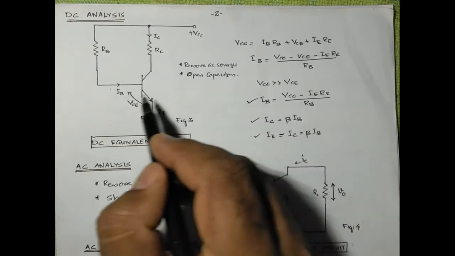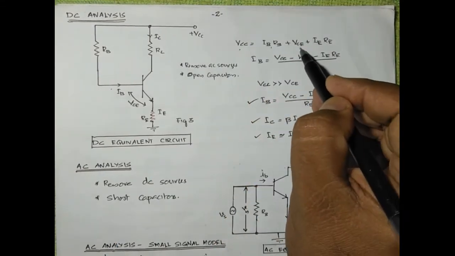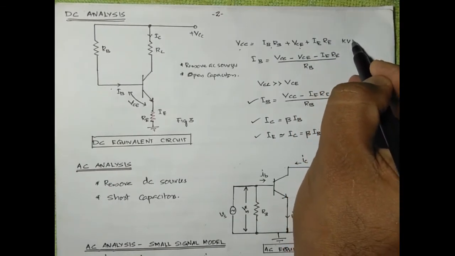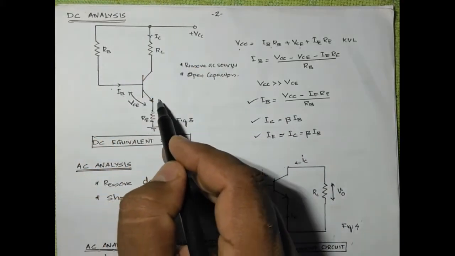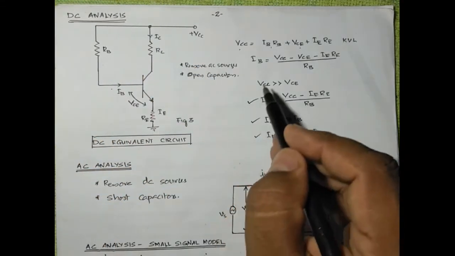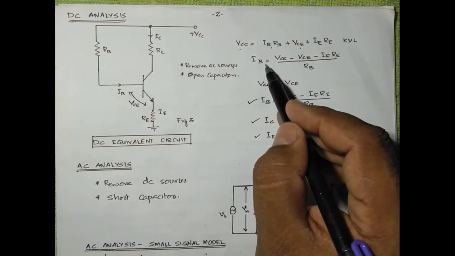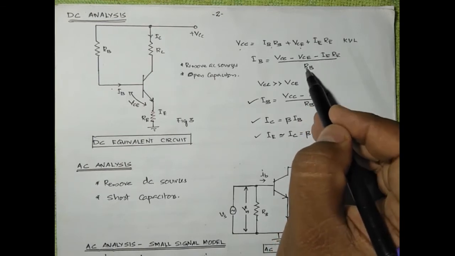Then we can see that VCC equals IB RB plus VCE plus IE RE using KVL. From that we can find the base current as IB equals VCC minus VCE minus IE RE by RB.